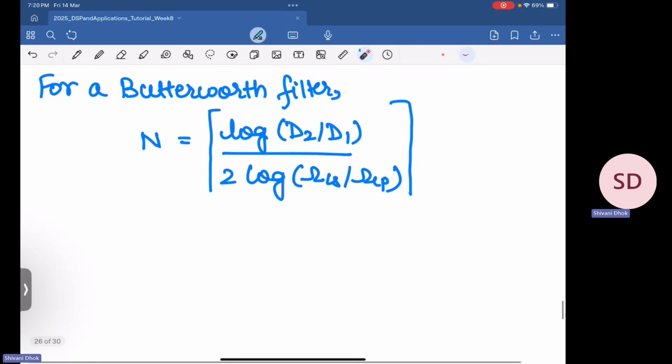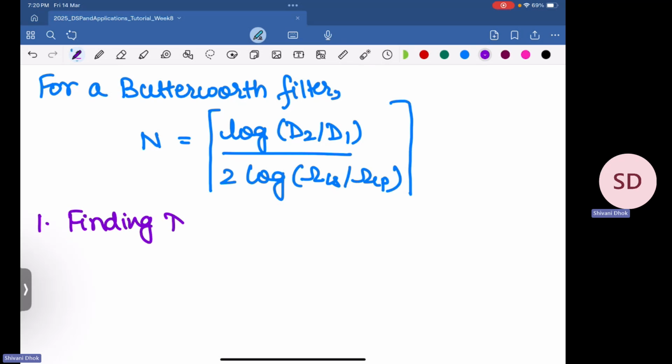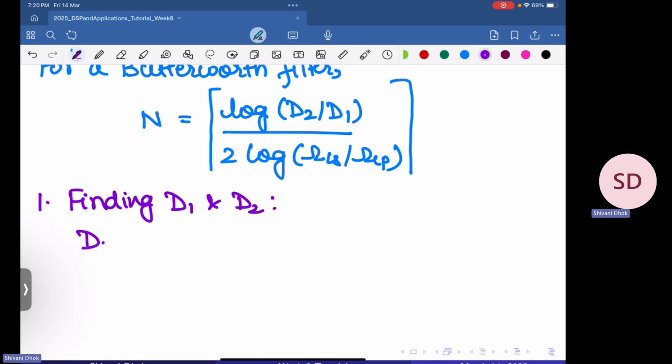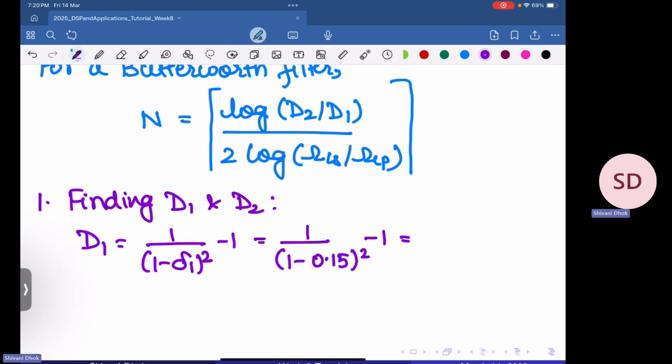Okay, so now first thing we will do is finding d1 and d2. So what do we get? This d1 is basically 1 upon (1 minus delta 1) whole square minus 1, which is equal to 1 upon 1 minus 0.15 square minus 1, which is equal to 1 upon 0.85 square minus 1.